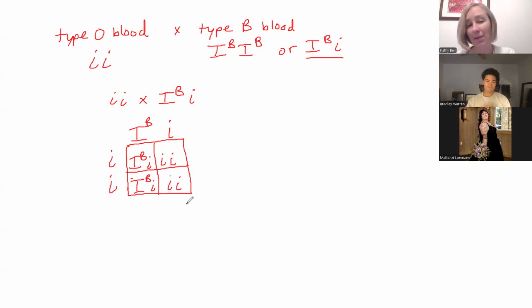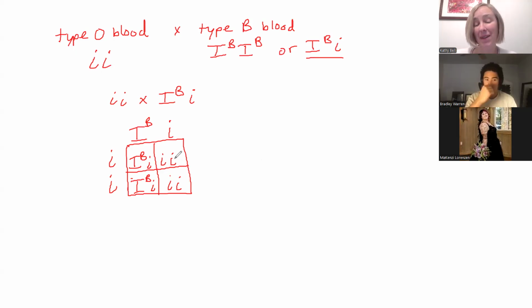Okay, so what's the probability they would have a type O child? So a type O child, what would be the probability of that? 50%.